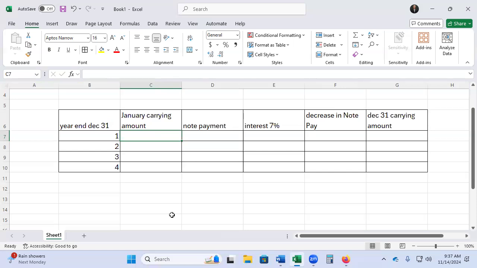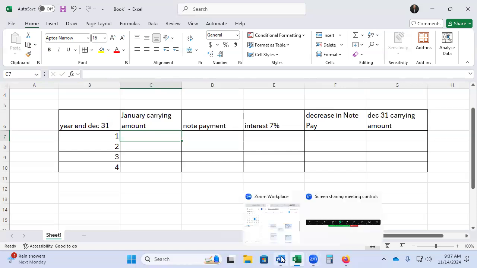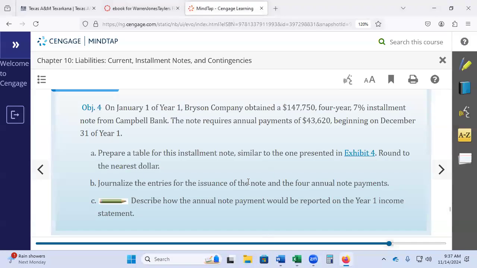Looking at the question, it says on January 1 of year one, Bryson obtained a 147,750 4-year 7% installment note from the bank. The note requires annual payments of 43,620 beginning December 31st of year one.